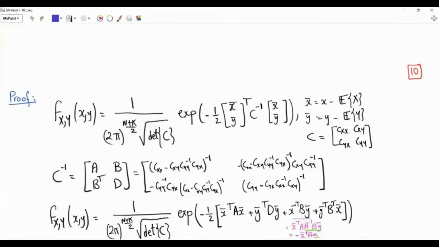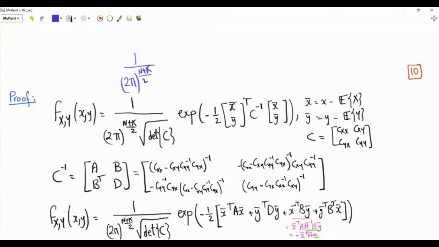First order of business is to write down the joint distribution of the x's and y's. This is the multivariate Gaussian distribution of n plus k random variables. Those are jointly Gaussian. In the expression of the multivariate Gaussian distribution, we will have 1 over 2 pi to the power of the number of variables over 2.